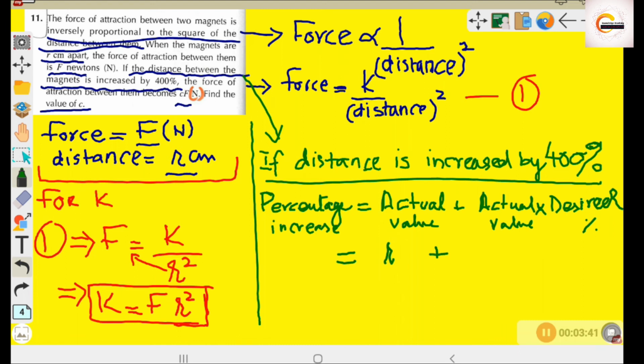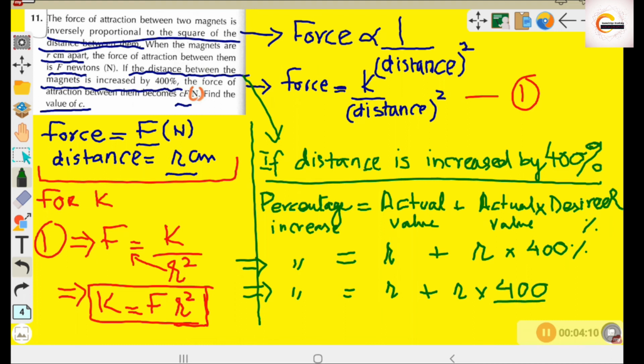So I am going to write R plus R into 400 divided by 100, as we all know percentage means that.